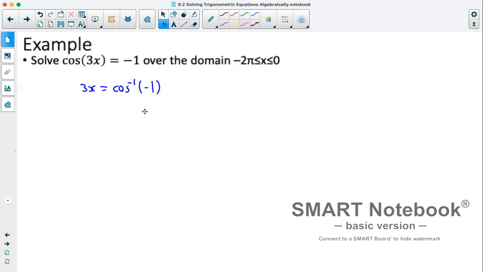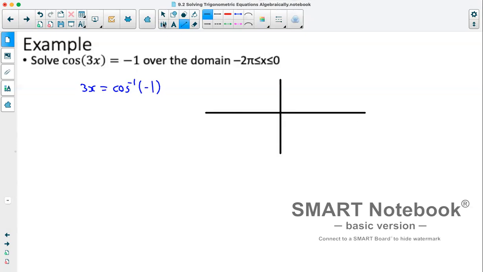We can solve for what this is by knowing what our graph of cosine looks like. Our graph of cosine starts at its maximum, goes to its minimum, back up to its maximum. It is at a value of -1 here, and that is at pi.